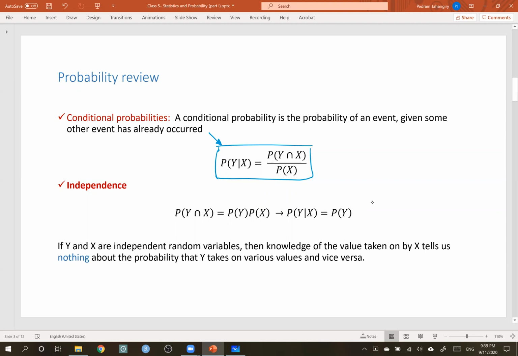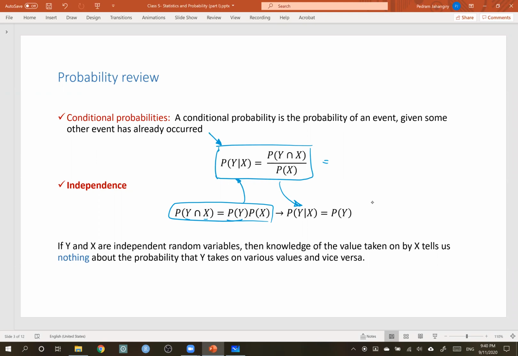Now, how do we define independence? We say random variables y and x are independent if the probability of the intersect, y intersect x, is equal to the probability of y multiplied by the probability of x. If I have this, then I can plug it into the conditional probability equation.